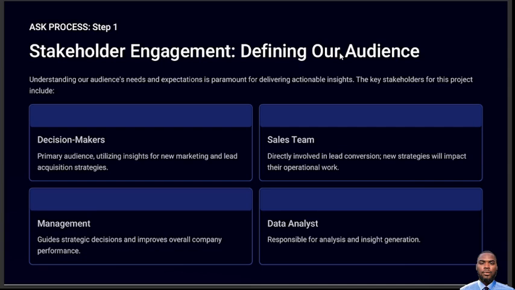So number one is the management, number two is your sales team, then number three is your fellow data analyst. In this case, since you are the only person doing the task, we are going to stick to the first two, which is the management or the decision makers, and the sales team.